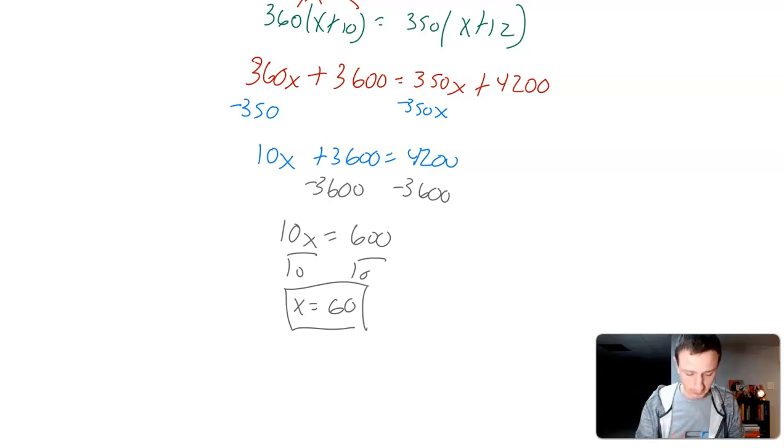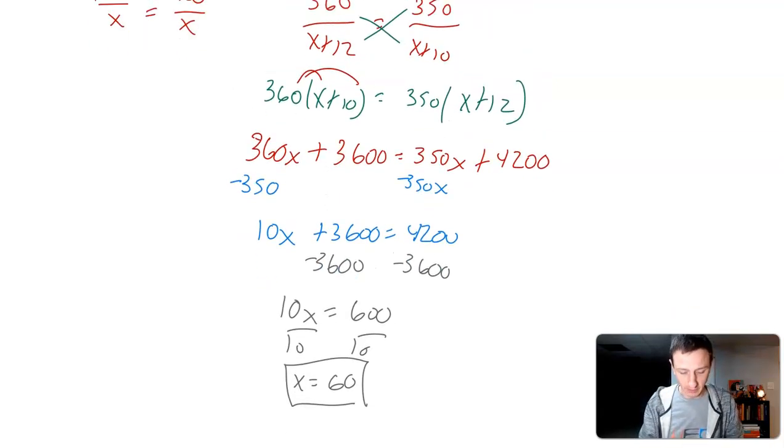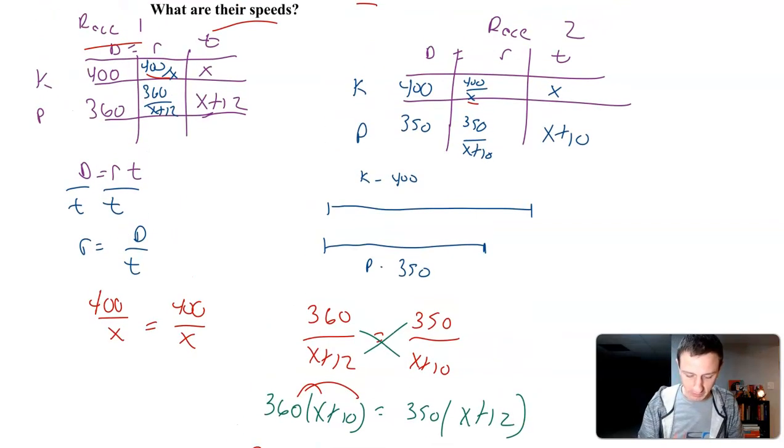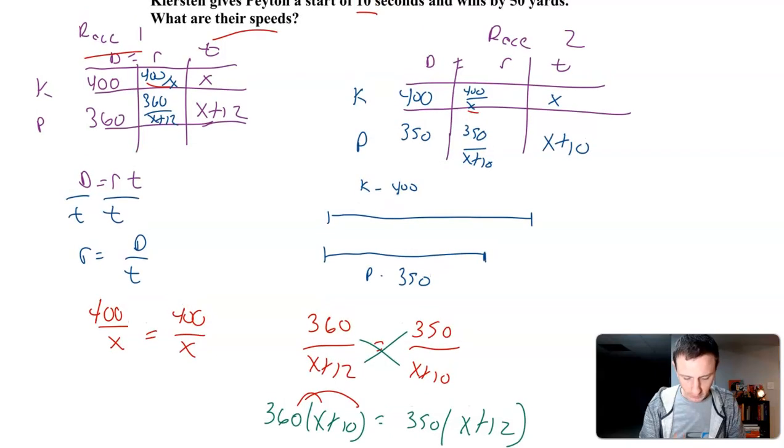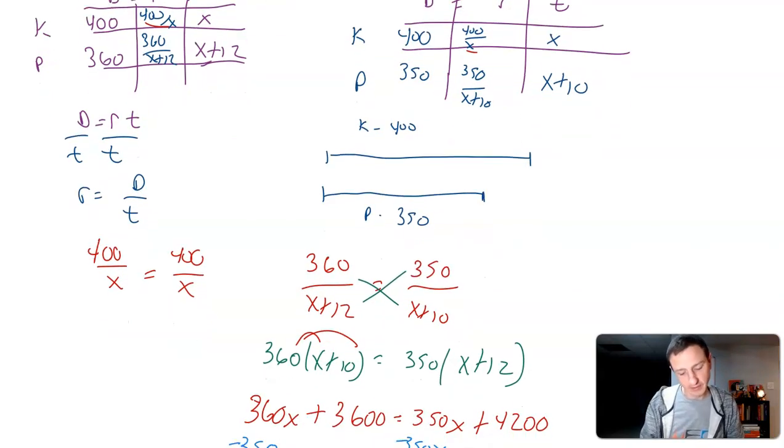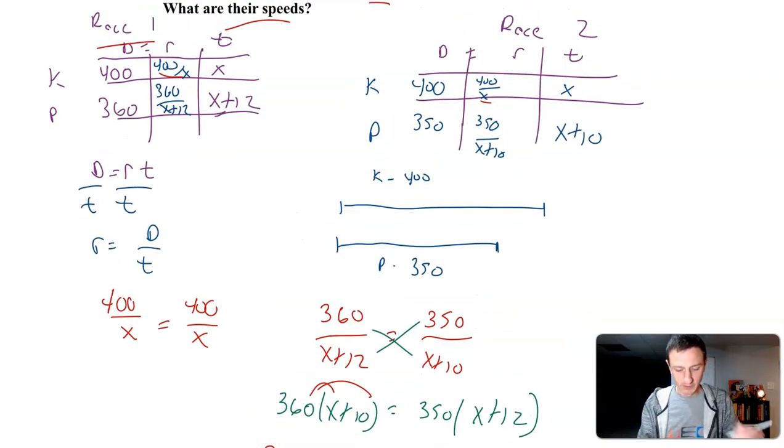Now, what does that tell us? What is that actually giving us here? So let's take a look. If we plug that back in and translate what that means: in race 2, x equals 60, so that means Kirsten ran for 60 seconds.